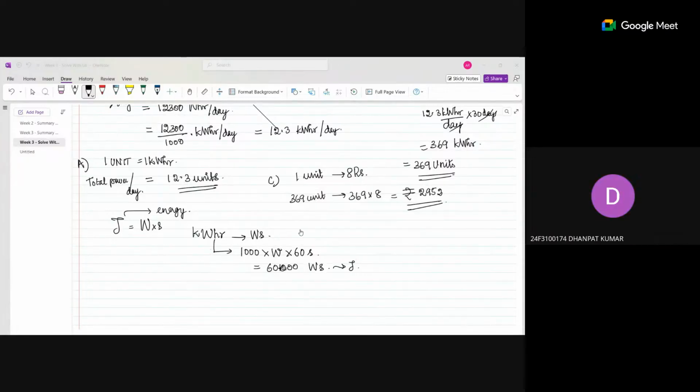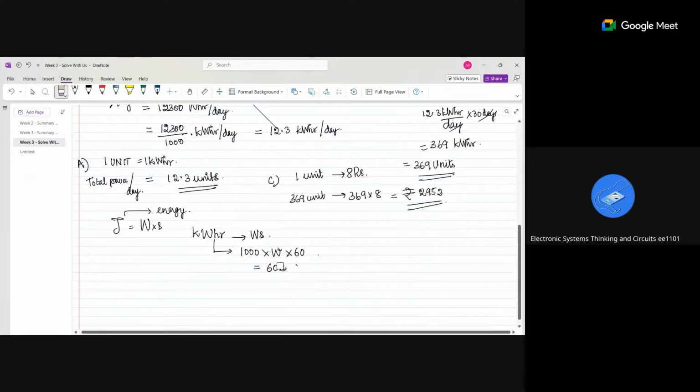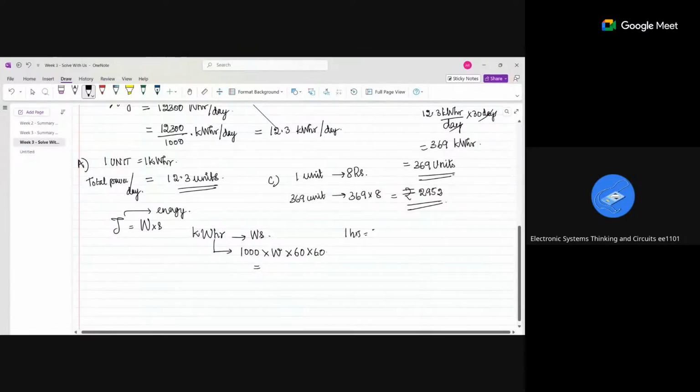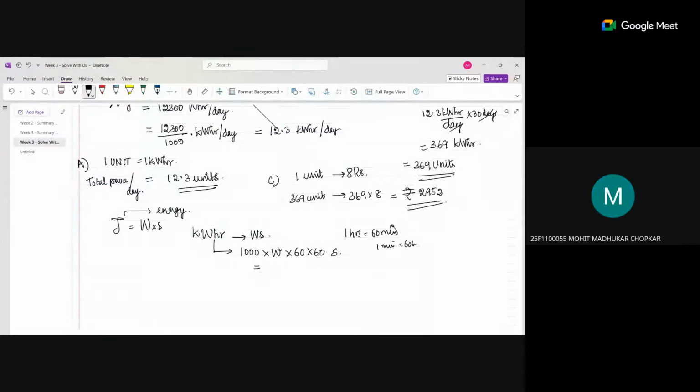Yes, 60 into 60, because 1 hour is equal to 60 minutes, then 1 minute is equal to 60 seconds. So again we have to multiply with 60.